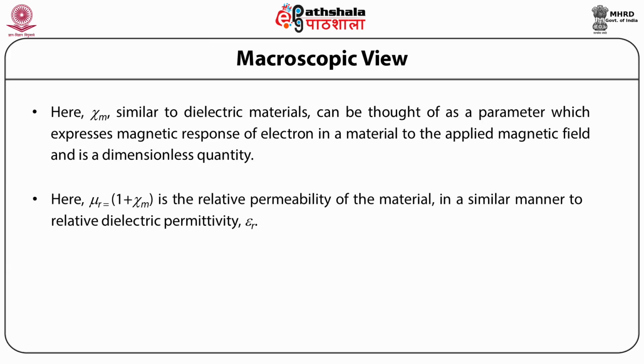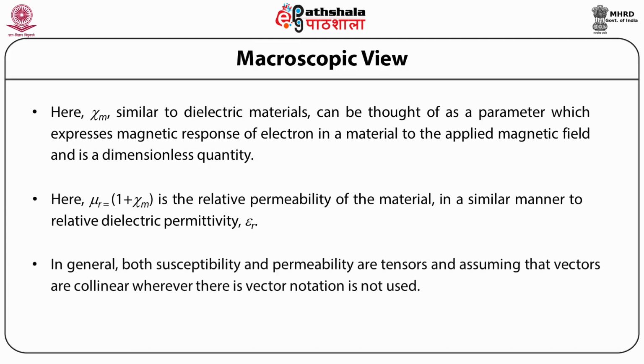Here mu r is equal to 1 plus chi m, the relative permeability of the material, in a similar manner to the relative dielectric permittivity epsilon r. In general, both susceptibility and permeability are tensors, and we assume that vectors are collinear wherever vector notation is not used.